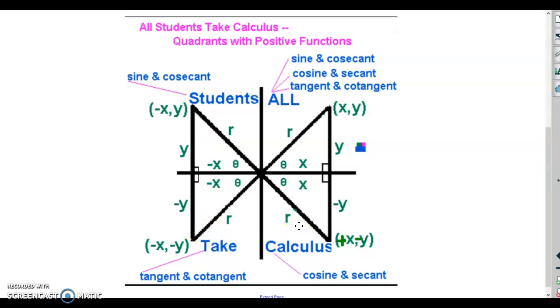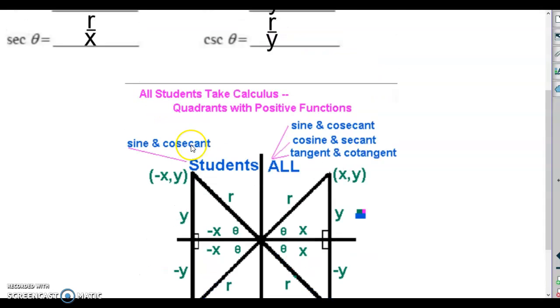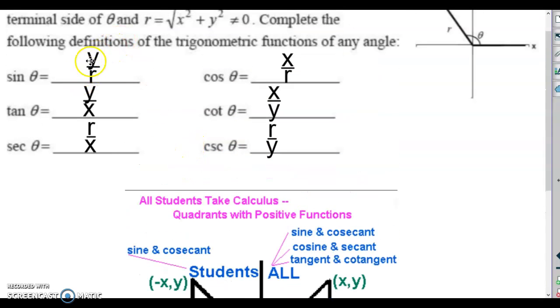The reason for this is because of the signs of the x and y coordinates in each quadrant. In quadrant 1, everything's positive, the x's and the y's, so all of our trig functions are positive. In quadrant 2, the x's are negative, but the y's are positive, so anything that involves just a y coordinate is going to be positive. So if we remind ourselves, sine is made up of the y coordinate over the r, and cosecant, its reciprocal, is the same thing.